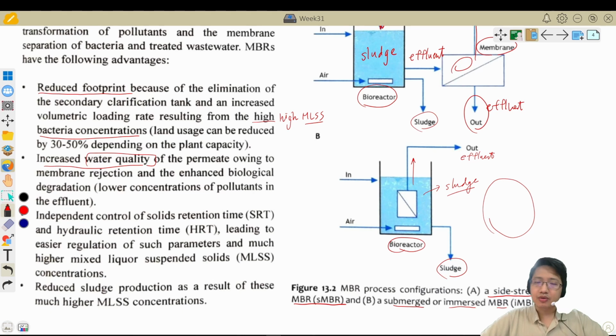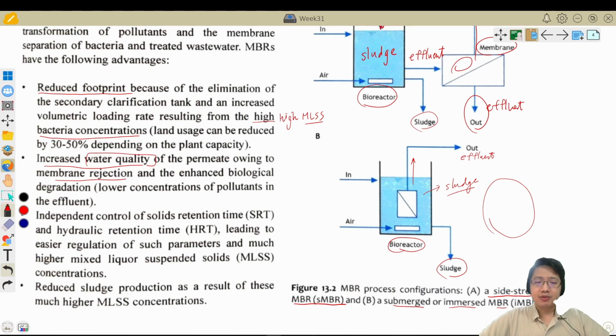And also because you remove all the VSS from your effluent, the VSS in the effluent will also be reduced. Okay, water quality will be improved. That's basically because of the membrane rejection of those VSS particles.